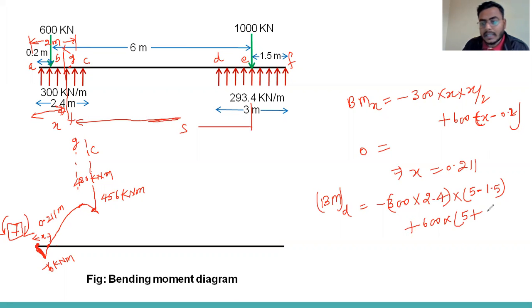Okay, and then plus E, that is 1. So that you will get, I have calculated, so I'm writing directly, 180 kilonewton meter positive.